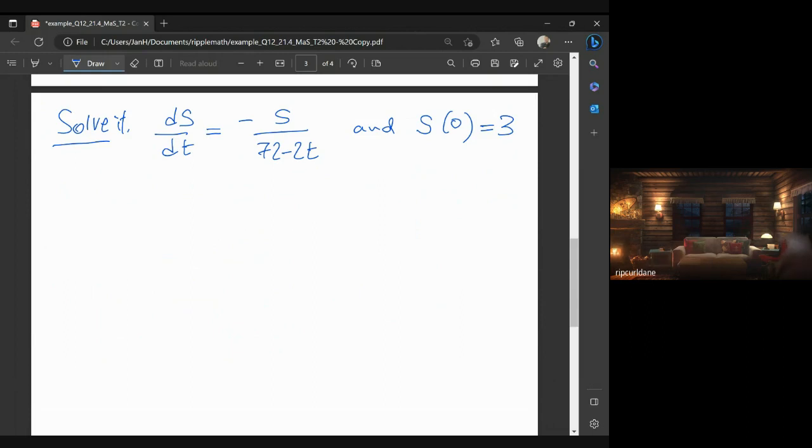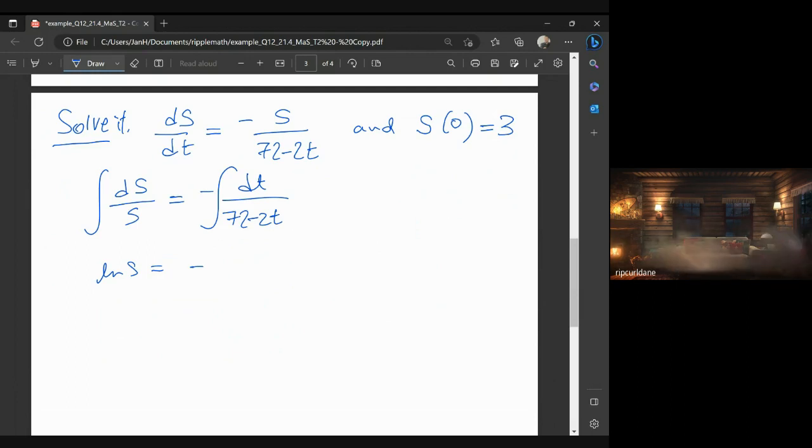That's separable, so we go, okay, ds over S equals minus 5 dt over 72 minus 2t. Integrate both sides. Log S equals, there's a minus already in front, I forgot the 5, didn't I?